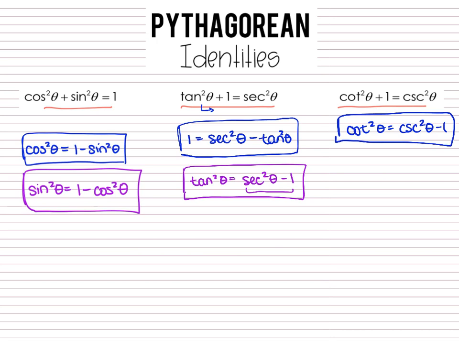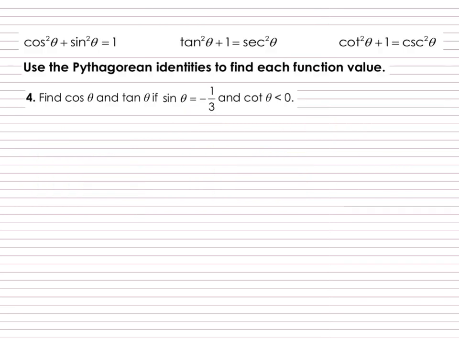And then I can also leave the 1 by itself, go back to the original, and subtract cotan squared from both sides, so I have 1 equals cosecant squared minus cotan squared. So now when you're doing verification and simplification, these Pythagorean identities are all ones that you're going to want to look for. Question number 4 has us using Pythagorean identities to find the function value.